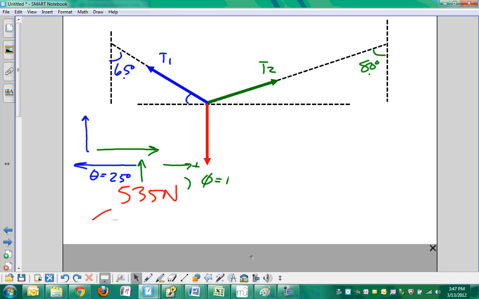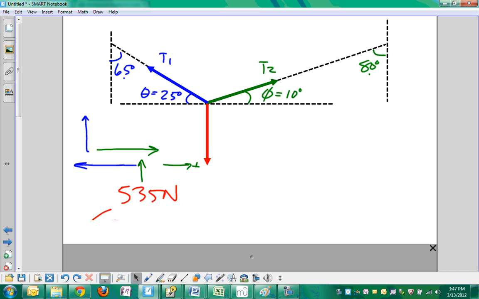So I'm going to stick a horizontal in here, and instead of calling this angle 65, we're going to call it theta, 25 degrees. And then we're going to call phi over here 10 degrees, the complement of 80. So 10 and 80, and 25 and 65, are complements of one another. Let's redefine everything in terms of those variables.